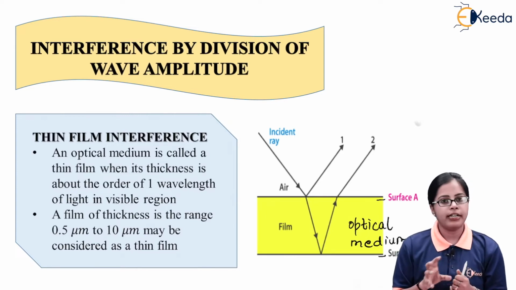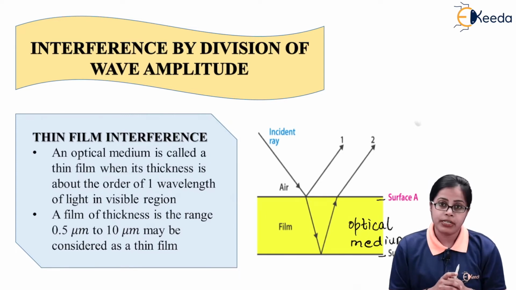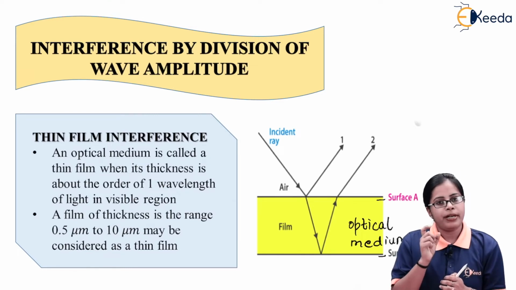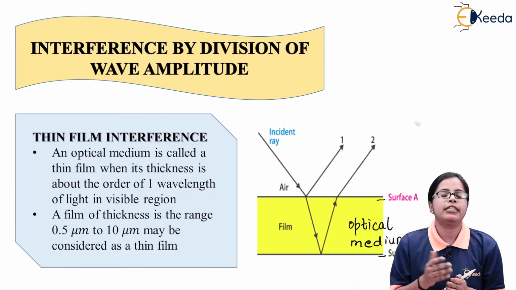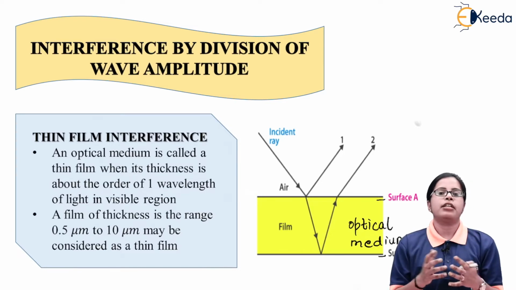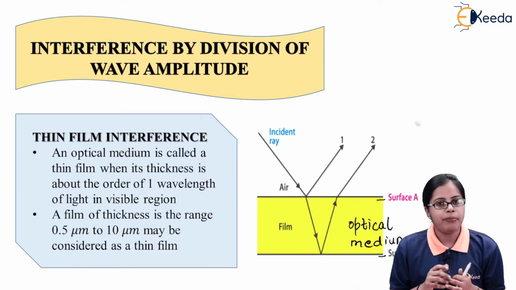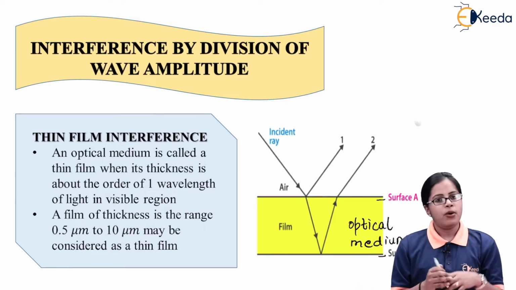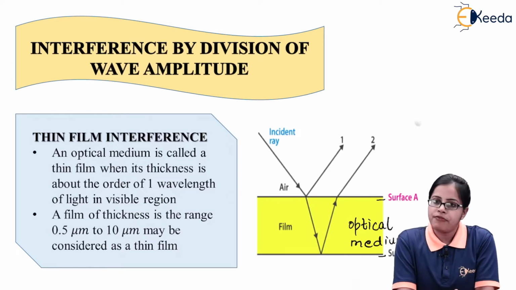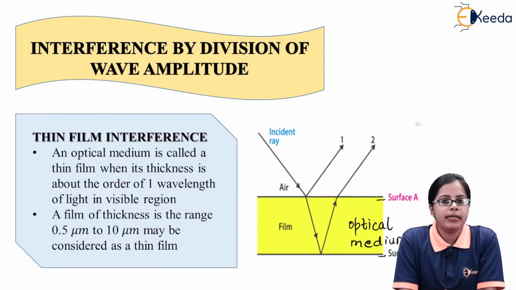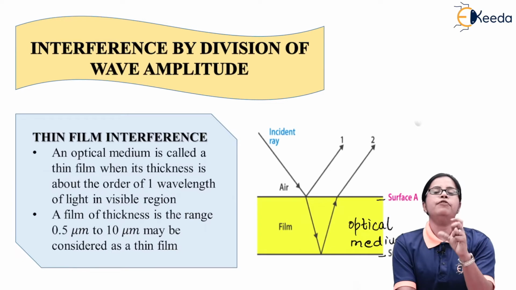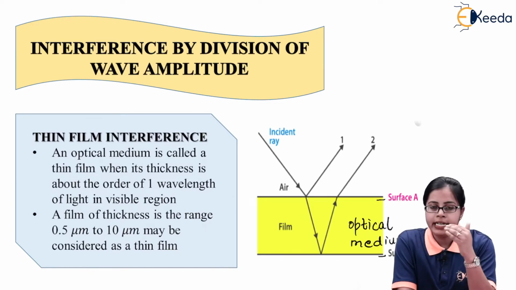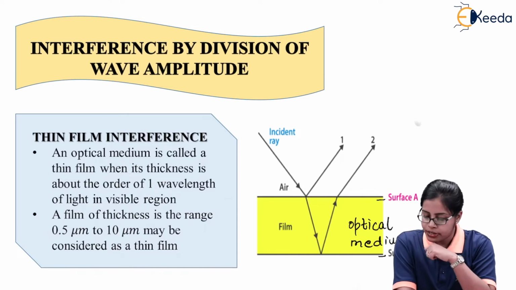So this is the condition for obtaining thin film interference, or you can say this is the basic concept or basic requirement for obtaining thin film interference, which is nothing but that the thickness of the film matters when you want to get an interference using that thin film. So what we consider is a thin film which is behaving as an optical medium, and that thin film has a thickness which is almost comparable to the wavelength of light which is falling on the surface of the thin film.